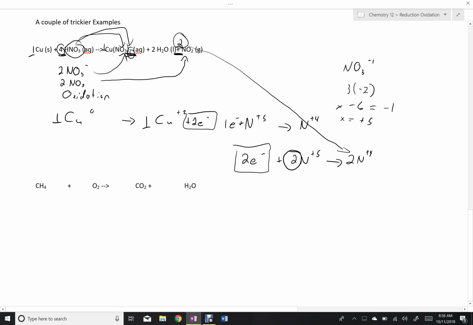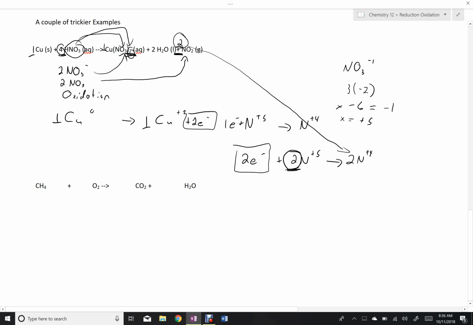And so basically we don't want to get alarmed when its coefficient doesn't match the coefficient predicted by the balanced half reaction. We can recognize that it does provide the 2 nitrogens that get reduced, but also that it provides other nitrogens that remain as nitrates. And that's why that coefficient ends up being bigger than the predicted coefficient.